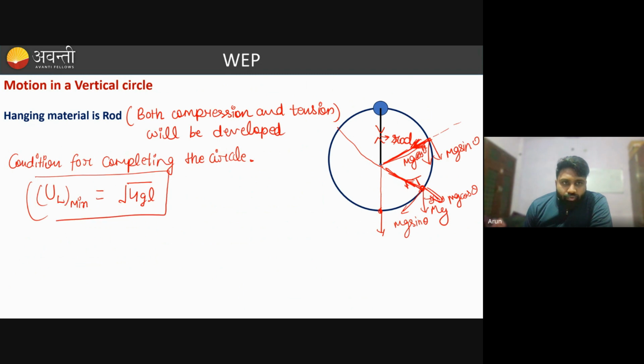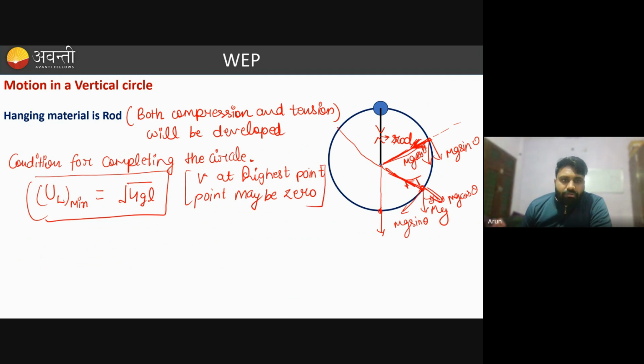It is just root gl less than in the case of a thread. You can remember this. Also, the condition for completing the circular motion is that the velocity v at the highest point may be zero. Then also it is able to complete the circular motion.